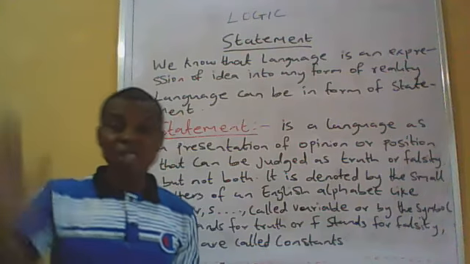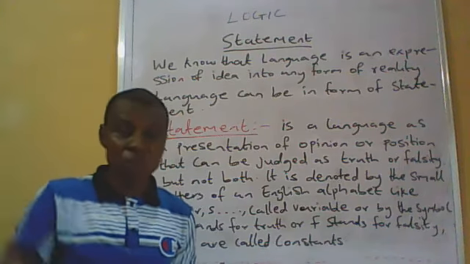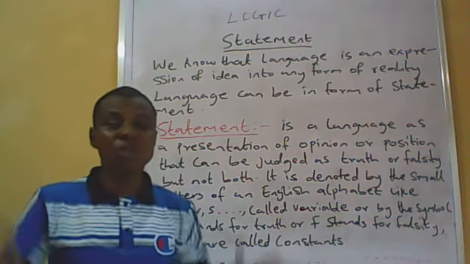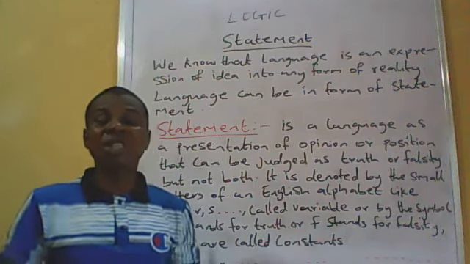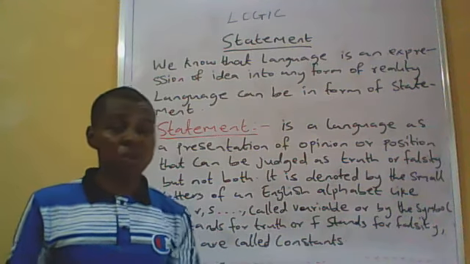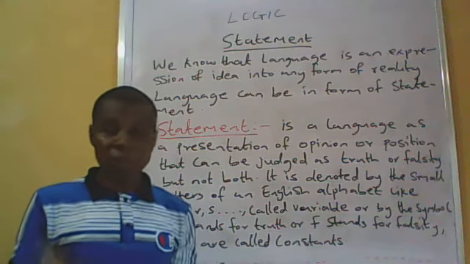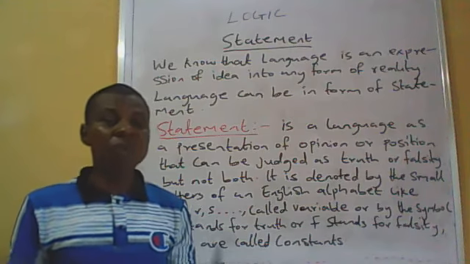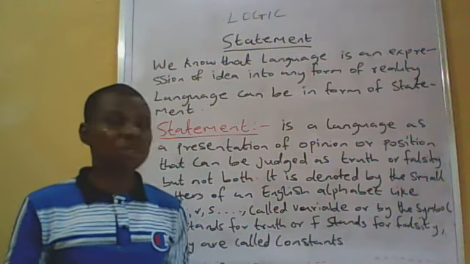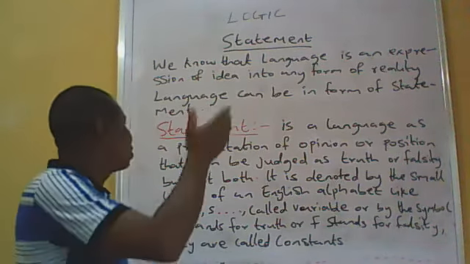Since it is false, it remains false. It does not change. If it is true, it remains truth. That's why we say that statement can be denoted with T standing for truth, or with F standing for falsity. That's what we mean by statement.